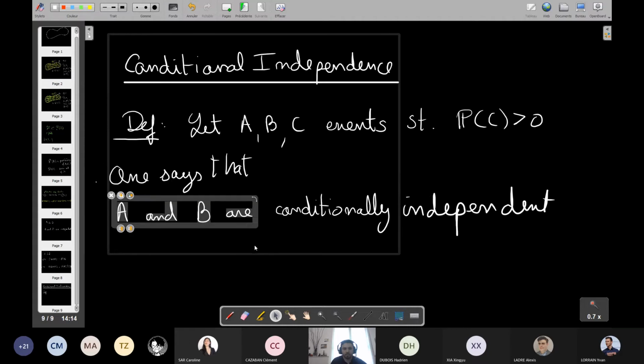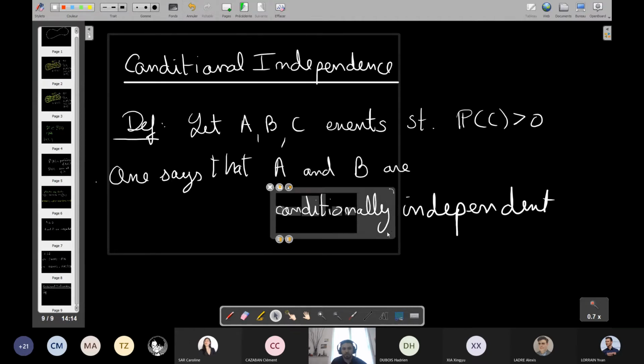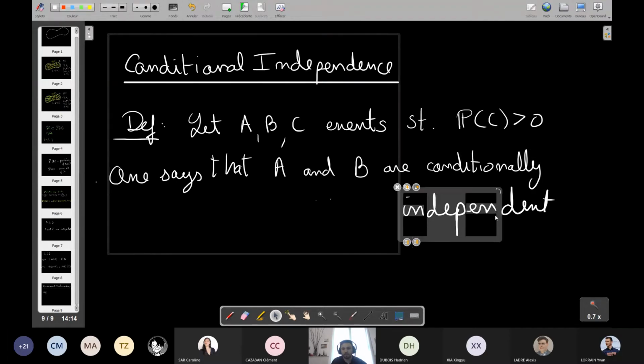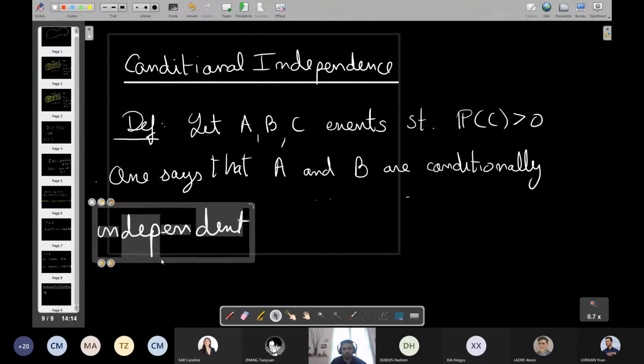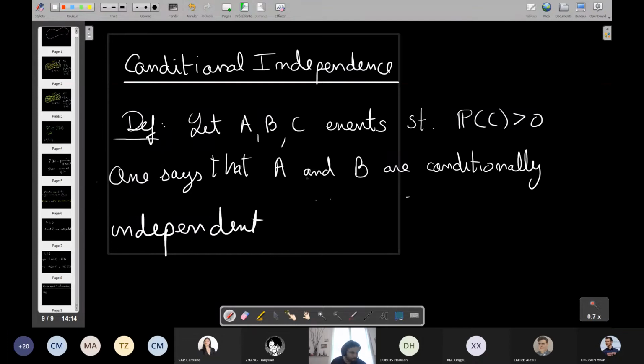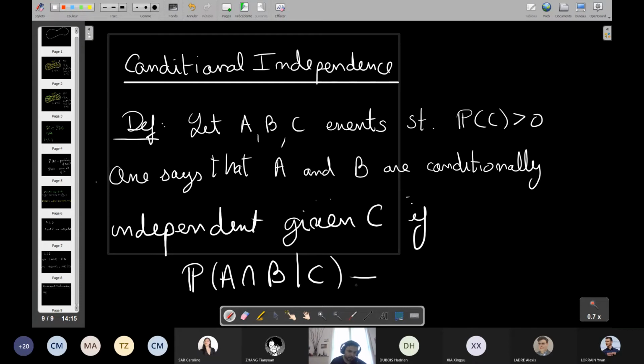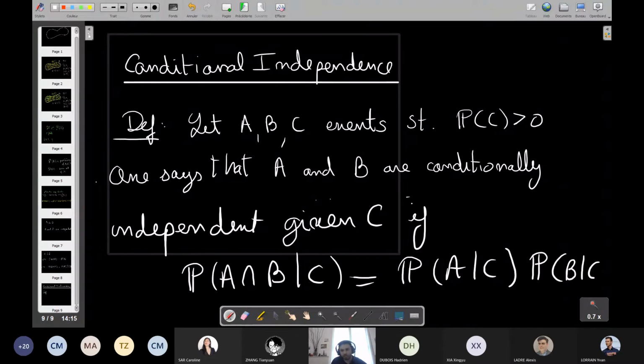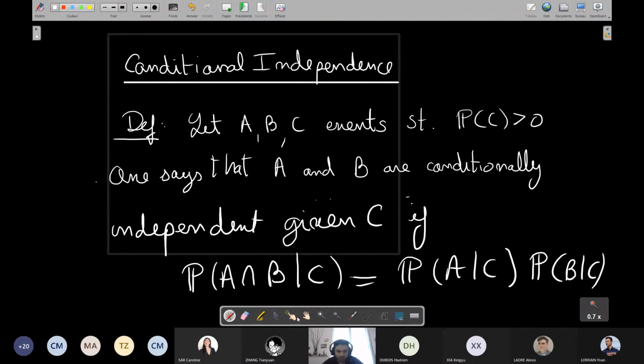One says that A and B are conditionally independent if, given C, the probability of A and B given C is just the probability of A given C times the probability of B given C. This formula is very similar to the definition of independence.